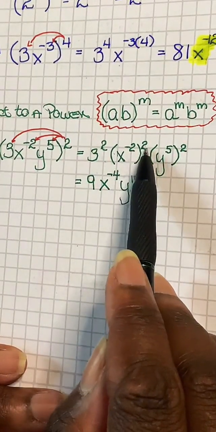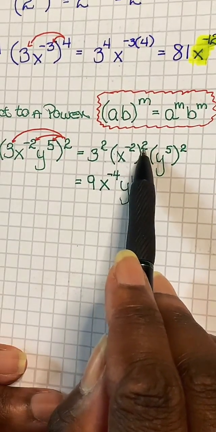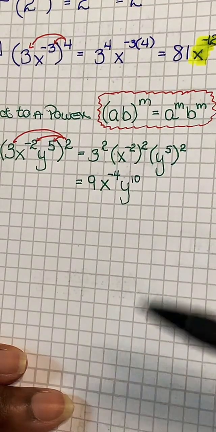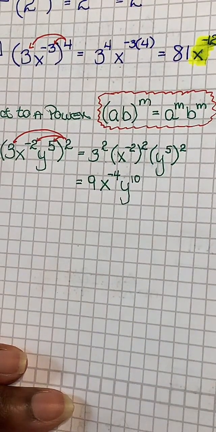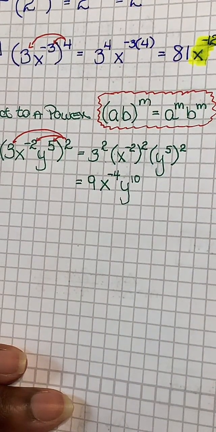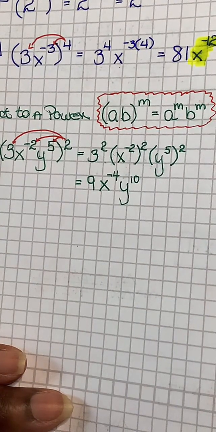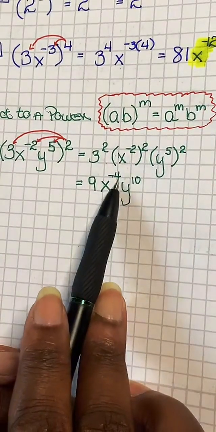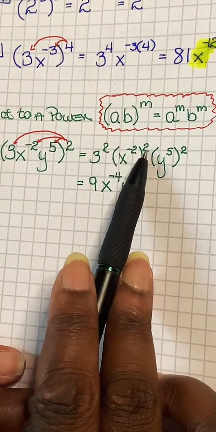Because when you multiply and your signs are opposite, your answer is always negative. A negative times a positive is always negative. Make sure it's a negative 4 because it's a negative 2 times 2.